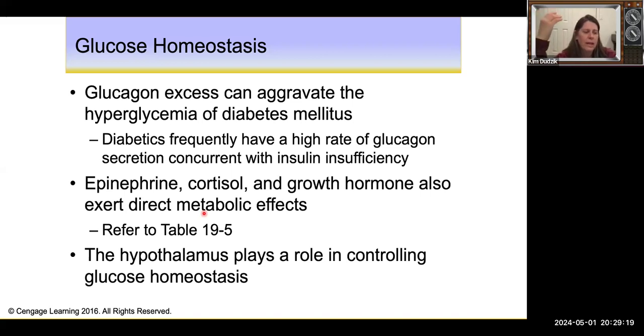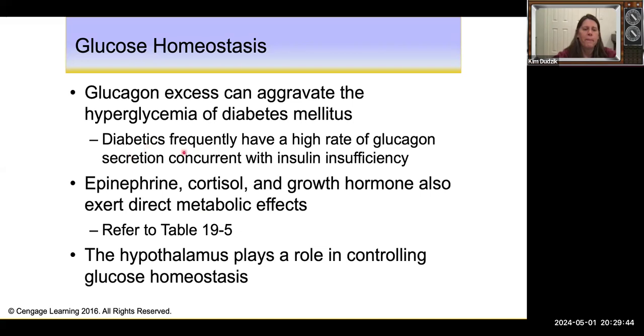So if there is an insufficient insulin, then this process of inhibiting glucagon would be inhibited, right? So therefore there's an increase in glucagon, which then increases glucose levels. Okay, so it's almost a positive feedback going on there.